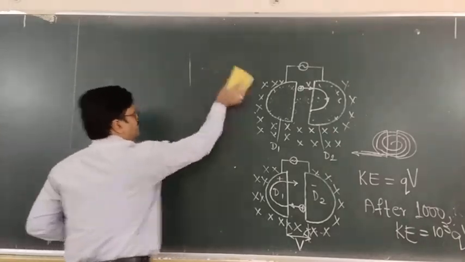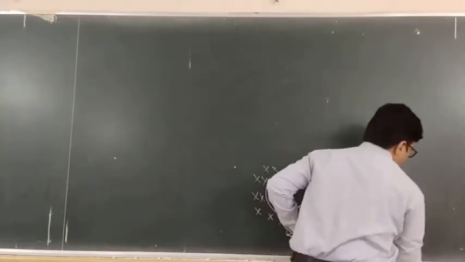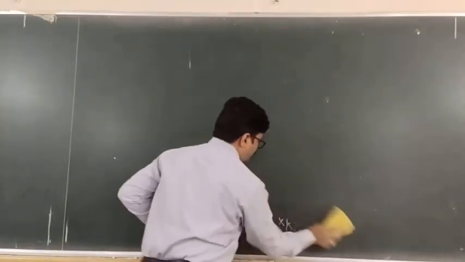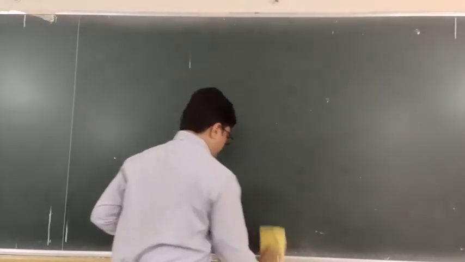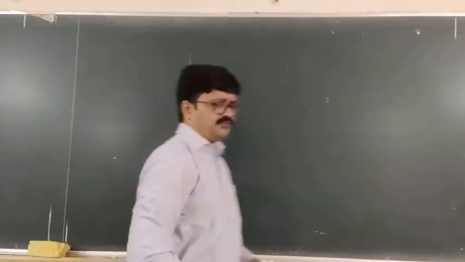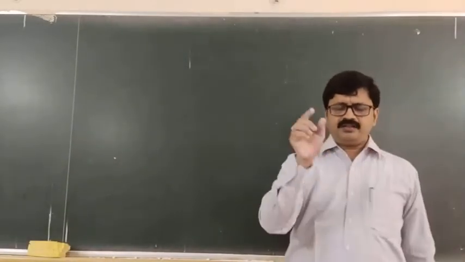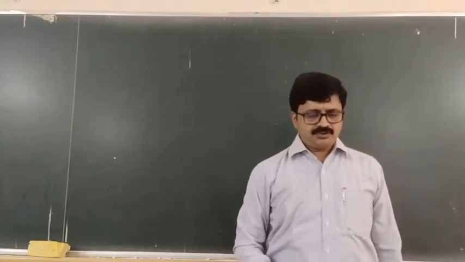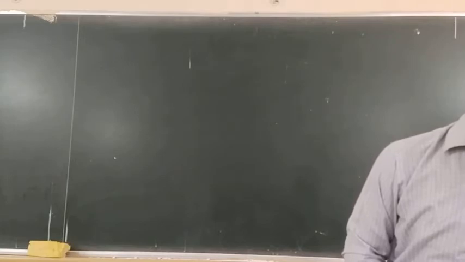Now, when I was talking about the time period, my dear friends, can you please tell me what is the time period that a charged particle will have when moving through one of the D's? It is half of that time period, no? Right? So that is what we are going to understand here.